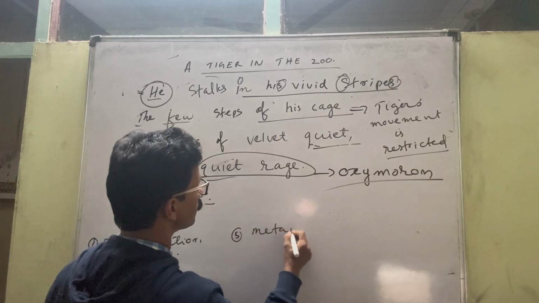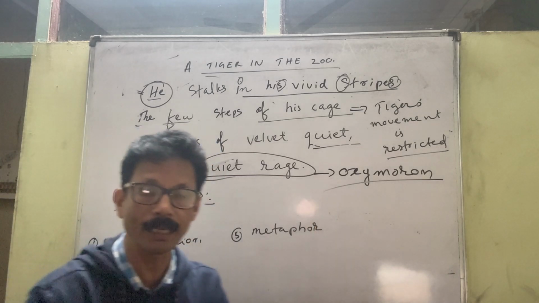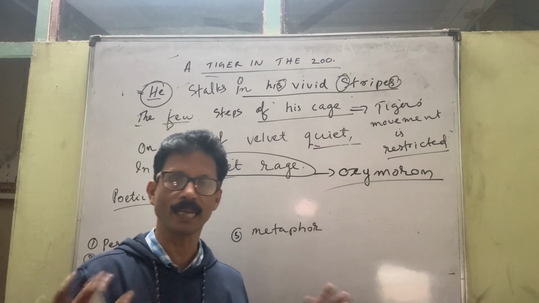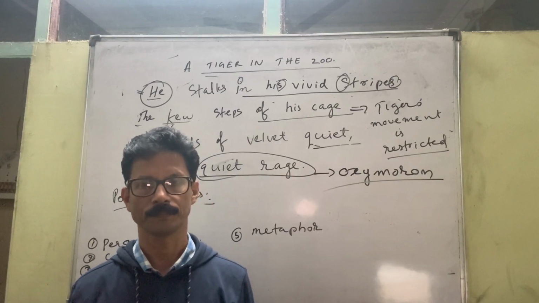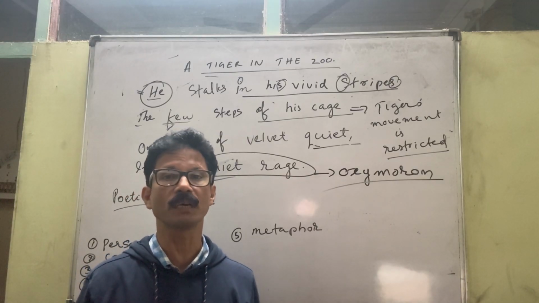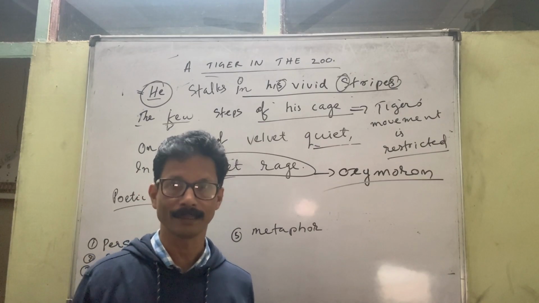In metaphor there is comparison. It is not like simile. Simile I will explain afterwards. Metaphor is direct comparison, but if it is simile, you will use the word 'as' or 'like'. Understand my point?